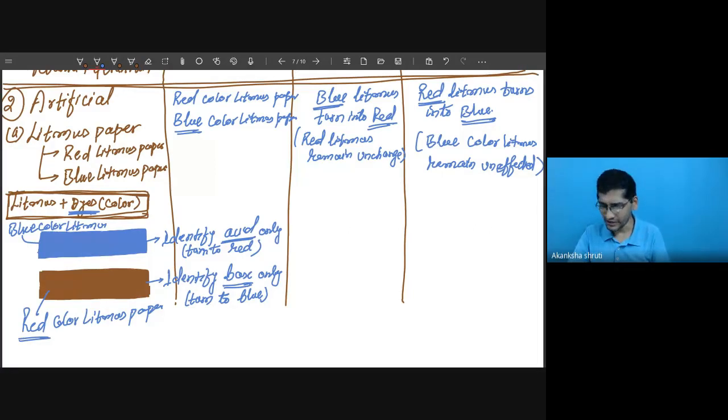Okay, another important thing that we have to keep in mind, that rather than acid or base, if the chemical is neutral, even at that time also there is no change in color.